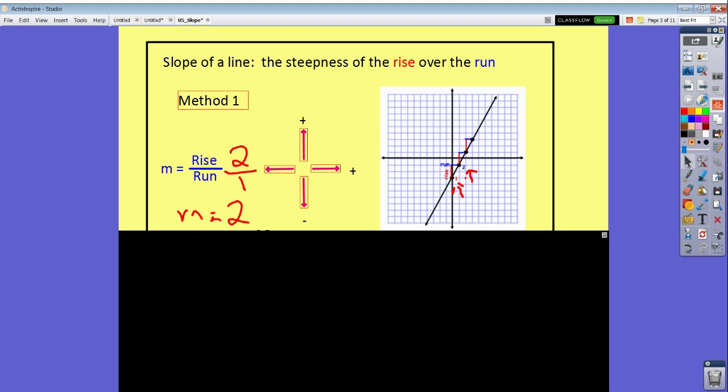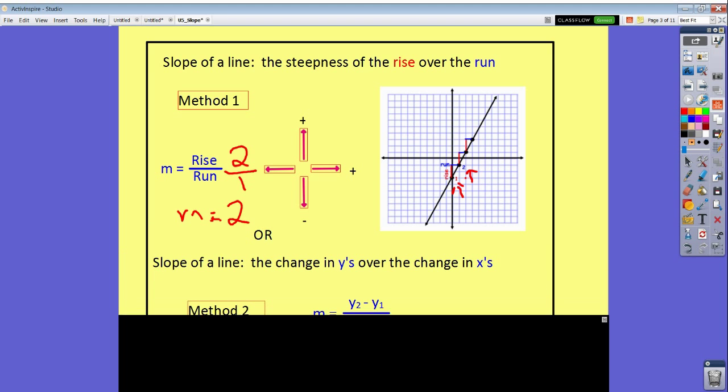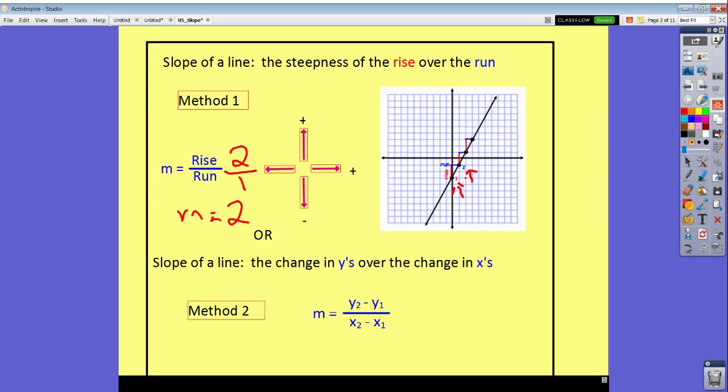The other method that we can use is the change in the y's over the change in the x's. So we have to remember that m is equal to y2 minus y1 all over x2 minus x1.